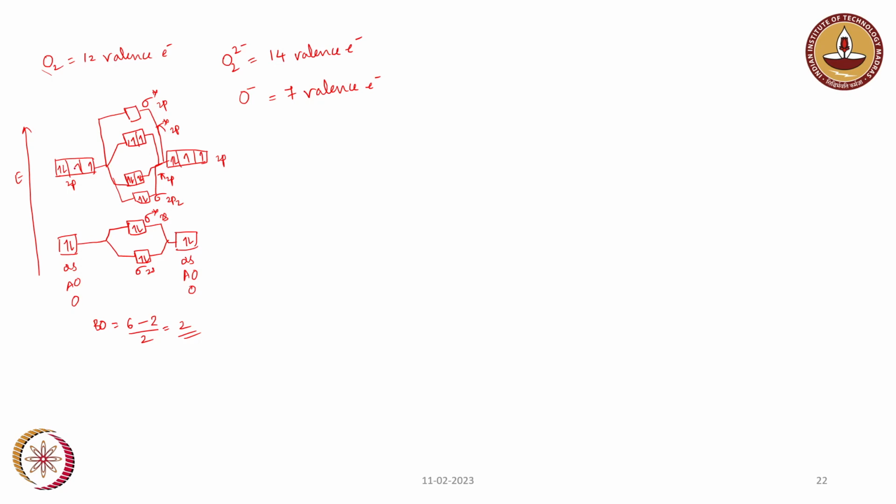So we can add the other electron here, and we will have 2s2 2p5 configuration. So if this is O-, we'll have sigma 2s, sigma star 2s, sigma 2pz, pi 2p and pi star 2p.